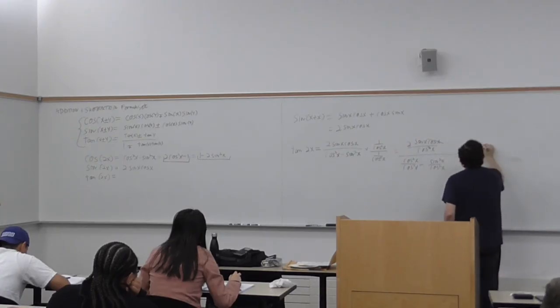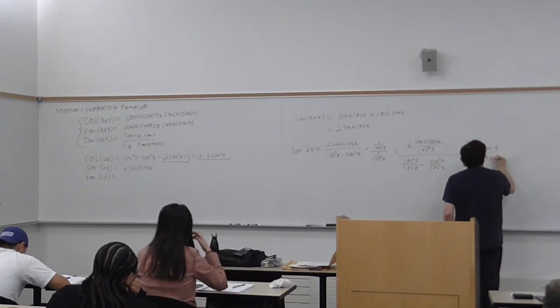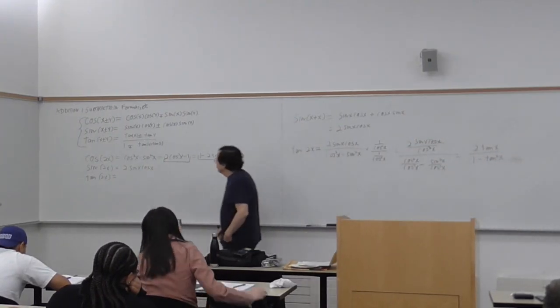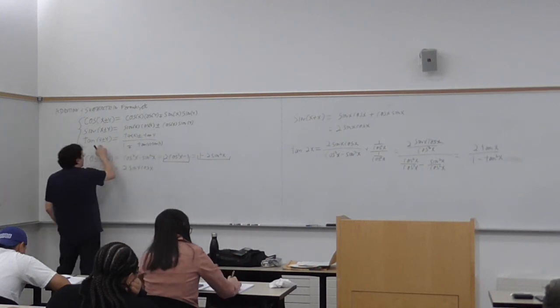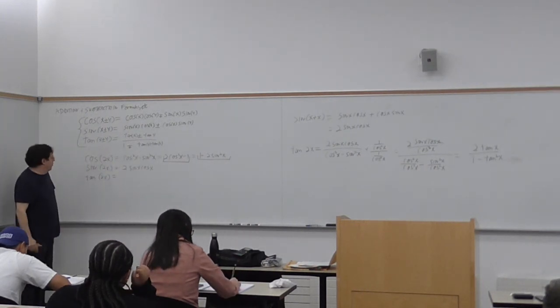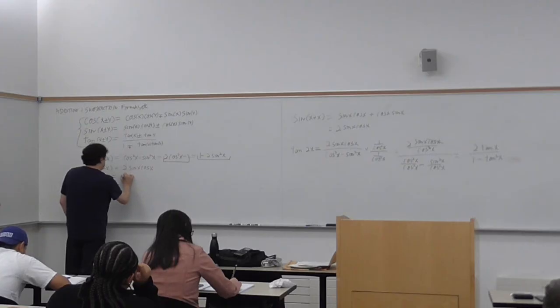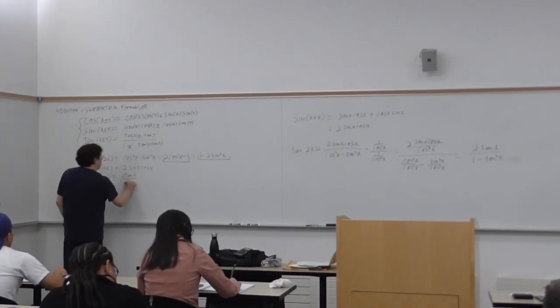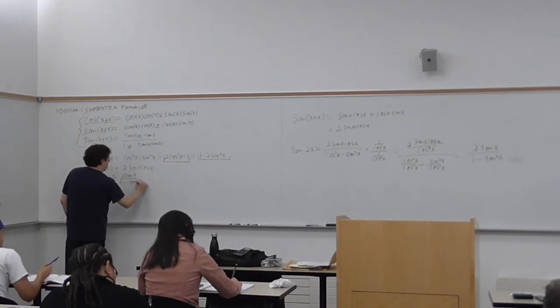So I'm going to get 2 tangent of x over 1 minus tangent squared x. I guess I could have used this instead. That probably would have been smarter. 2 tangent x over 1 minus tangent squared x.